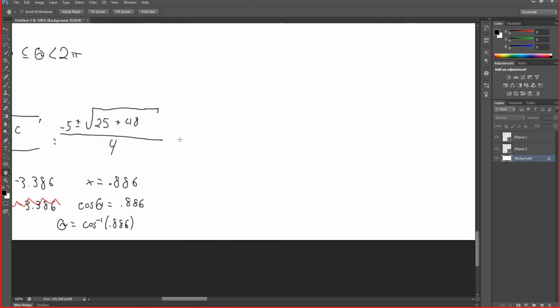This is going to give me theta is equal to 0.153 pi. Not 0.153 pi, hold on. Just 0.153? Or did I already go through and subtract? That's right. In my notes I already put this in terms of pi for us.